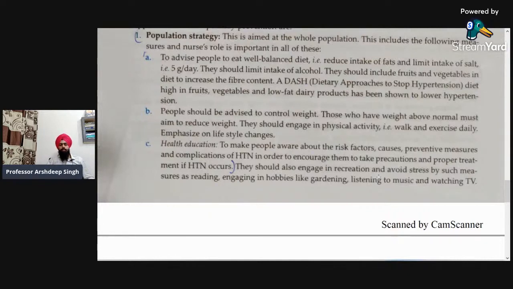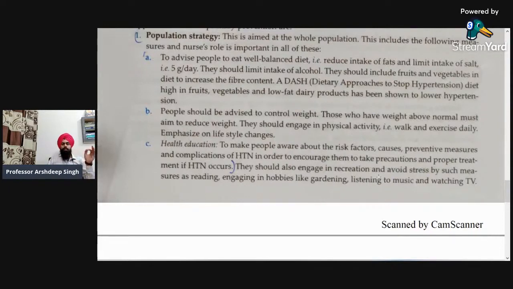Third is health education, and that is one of the basic points. We have to educate people about what hypertension is, what the risk factors are, how we can prevent ourselves, and what the complications are after a person gets hypertension. So we have to provide health education to people at a large level.